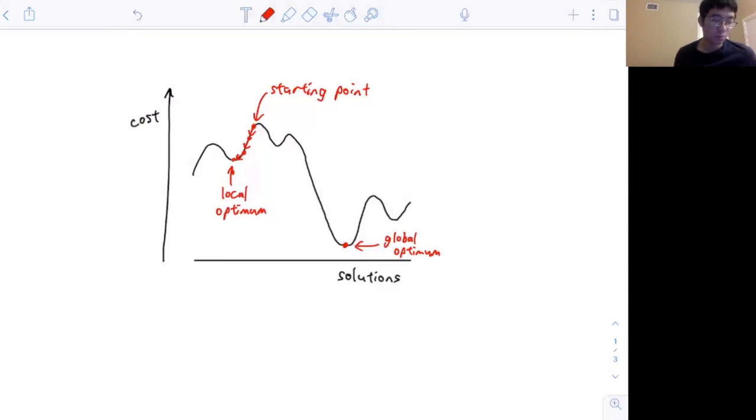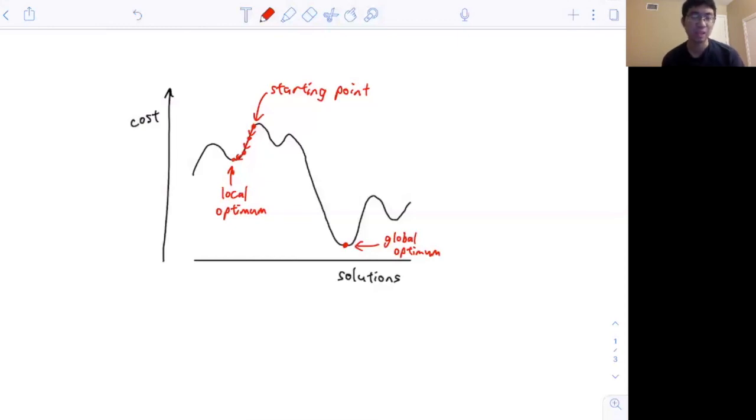And if you really want to try to get a good solution, one thing you might want to do is try starting at many different randomized starting points, because that would increase your chances of reaching a better local optimum. Now, there are other methods.